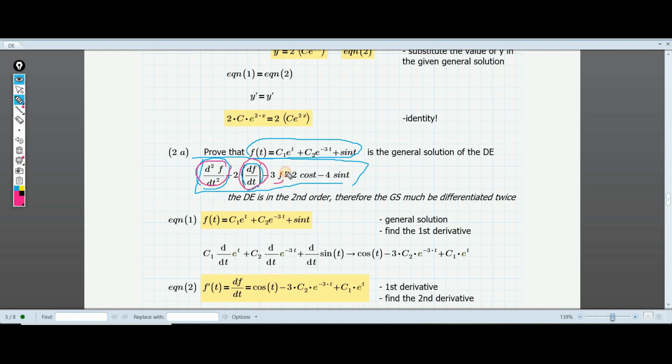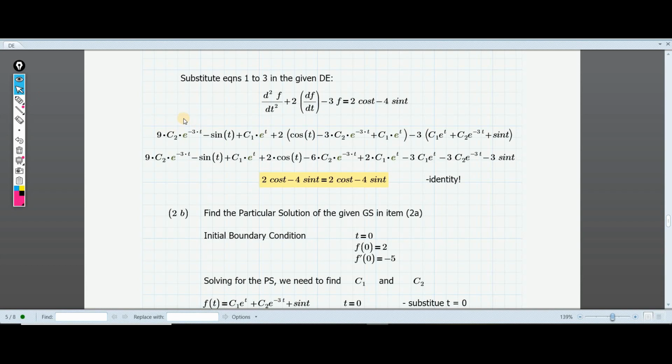And then, substitute din ito, yung f of t natin. And then, kapag sinolve natin ito, dapat ang value na lalabas ay the same. So, we will substitute equations 1 up to equation 3 in the given differential equation.